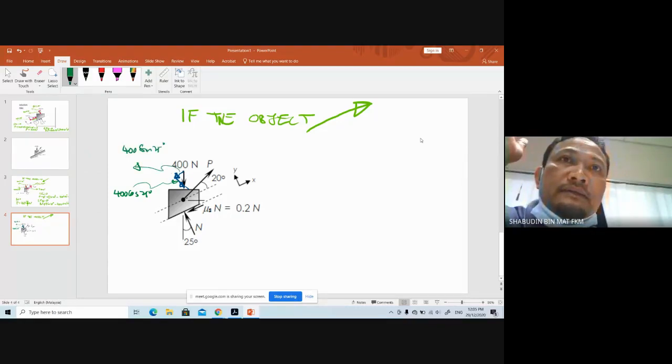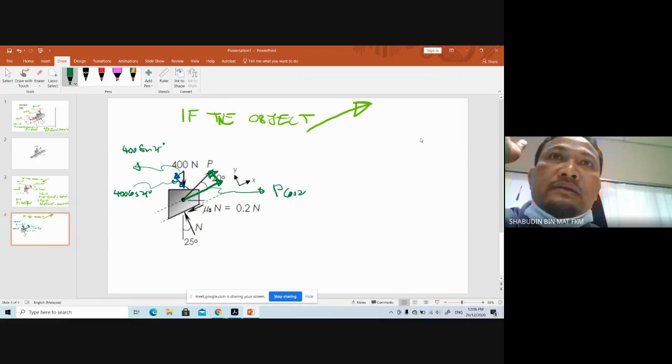Now you have here the component of P cos 20 degrees, and that one is P sine 20 degrees.